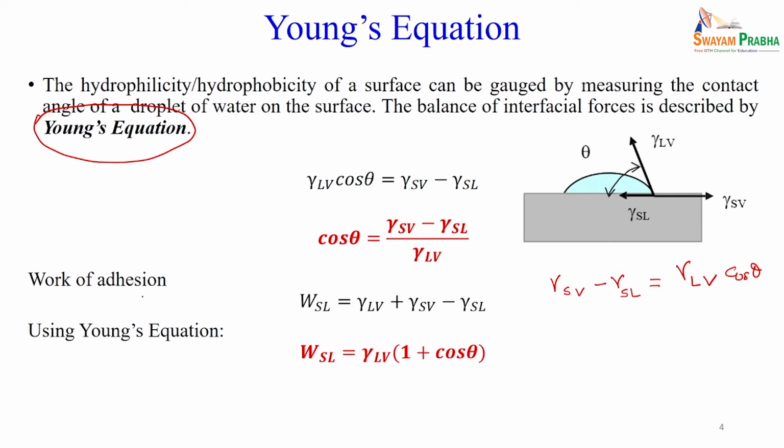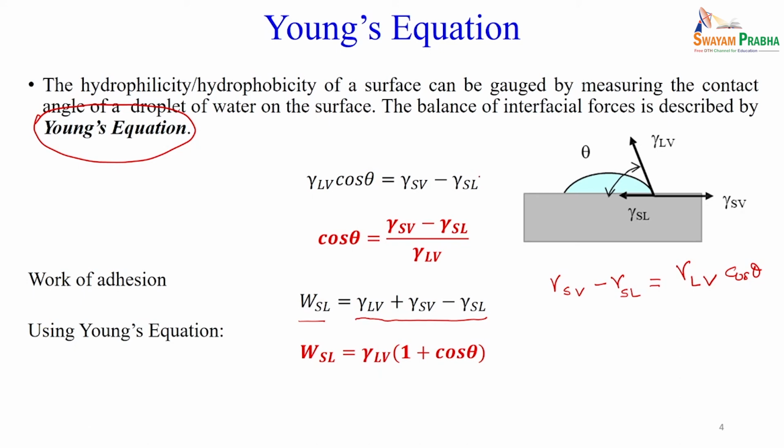If you remember, in the last lecture we discussed the work of adhesion between solid and liquid. This was defined as the surface tension of liquid vapor plus the surface tension of solid vapor minus the interfacial tension between the solid and liquid.